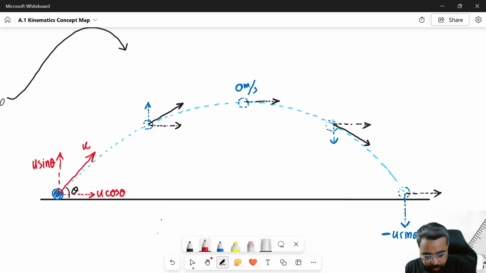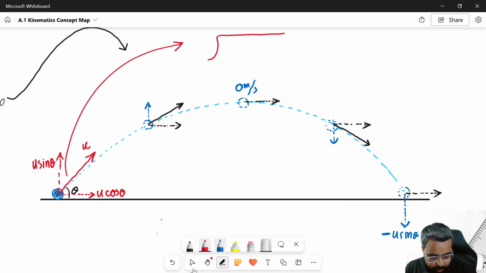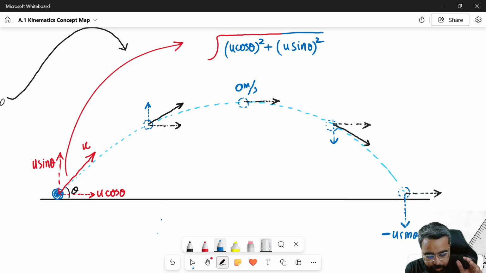For example, if you want to find the instantaneous velocity at this point, just take the components and square them: u cos theta squared plus u sine theta squared. So if you have the values, you can put them in this Pythagoras theorem equation and find the instantaneous velocity at any point.